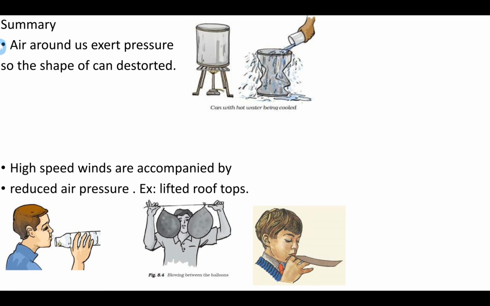So in movies, and not only movies, in news about cyclones, frequently we observe the uprooting of trees, lifted rooftops, reversing of umbrellas, and riding a bicycle is very difficult. We observe all these things because high speed winds are accompanied by reduced air pressure.